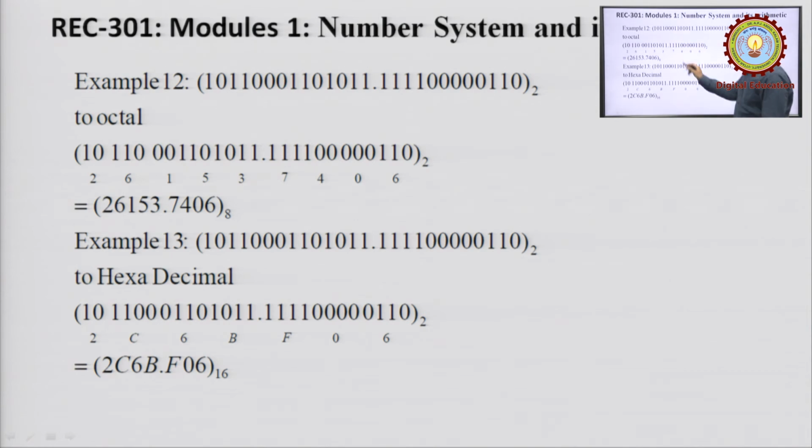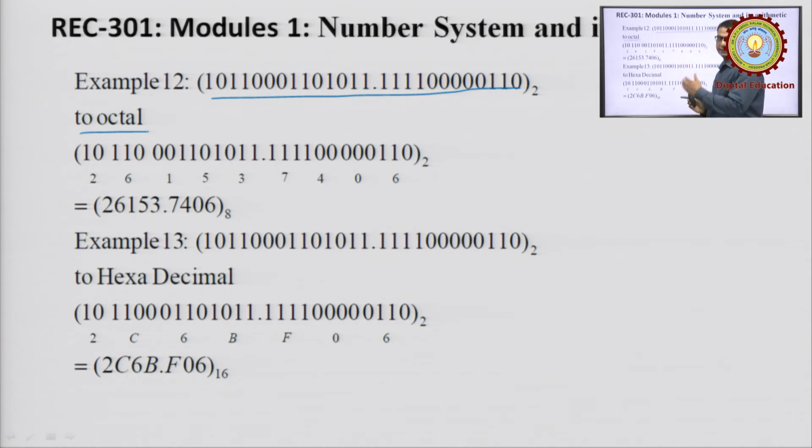We have this binary number, and we want to find the octal equivalent of this number. So, we will make groups from the left-hand side digits and the right-hand side digits from the decimal point. In the case of octal, what is the size? The 7, and 7 is 111, which means 3 bits.